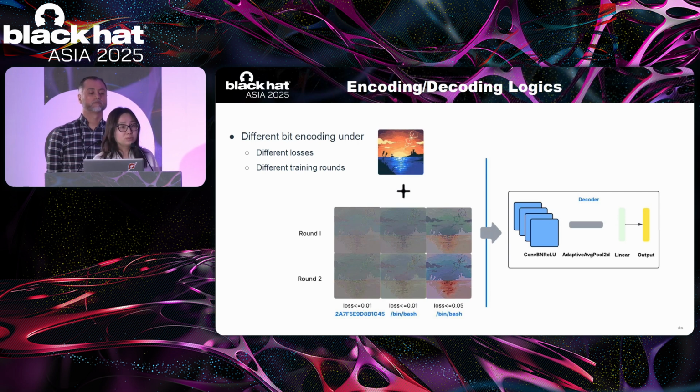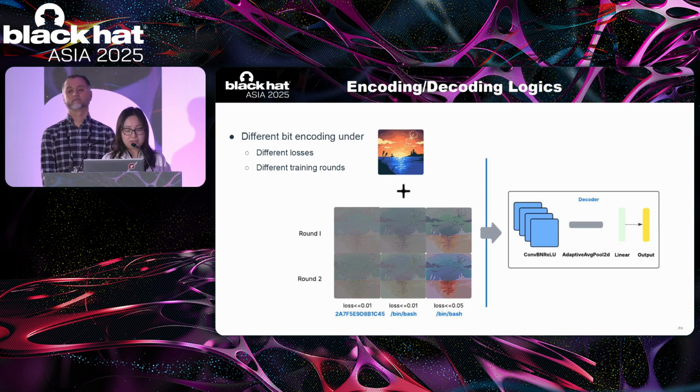Now we also want to discuss the encoding and decoding logic of the neural networks. We train the model twice with the same setting, same payload or different payload, and we visualize the diff image between the stego image and the original image. We show each diff image in each row. Round 1 means the first training, and round 2 means the second training.